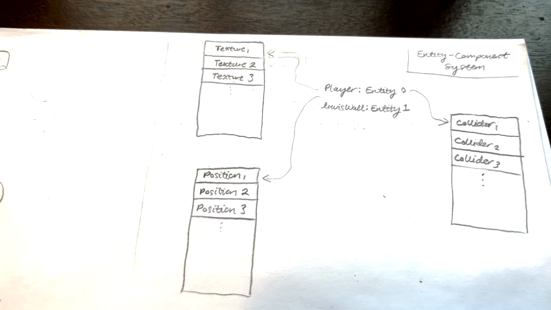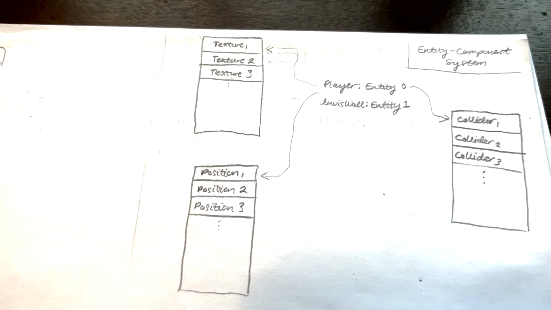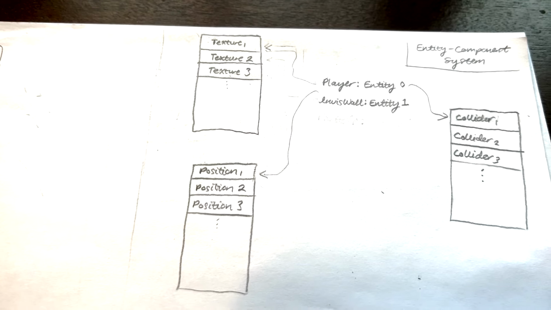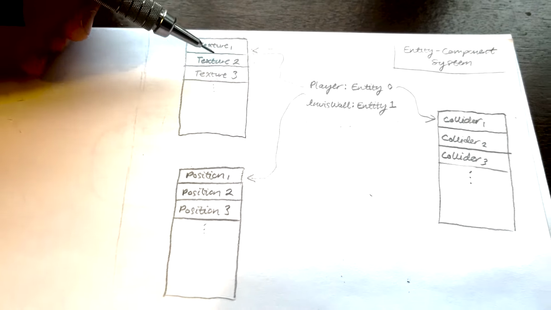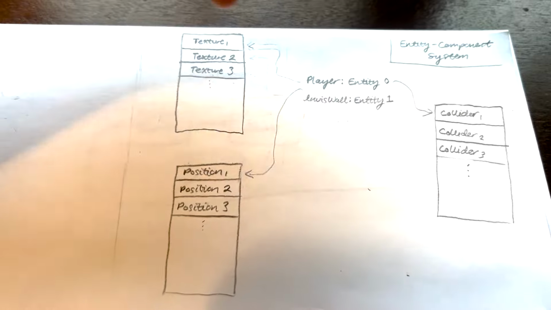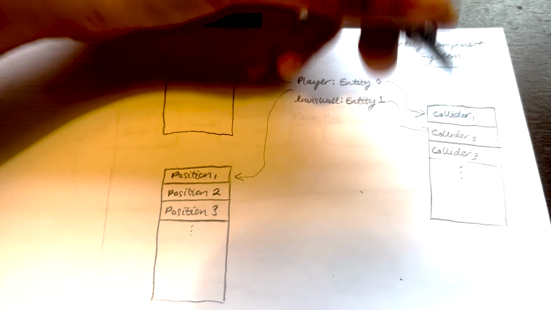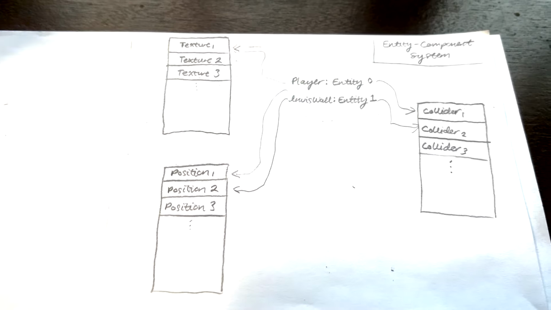Now, when we go to add the invisible wall, we can say, I want this to be collidable but not renderable. Since it's not renderable, it does not have a texture component. Since it's collidable, let's give it a collider and a position. See how simple it is?